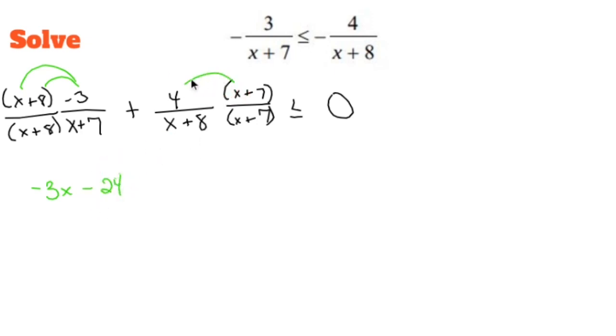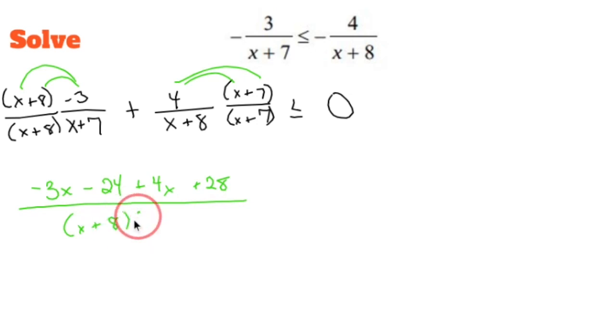I'm going to use the distributive property again. That gets me 4x, how convenient, plus 28. And now all of this is going to be over x plus 8 times x plus 7, and it's still less than or equal to 0.